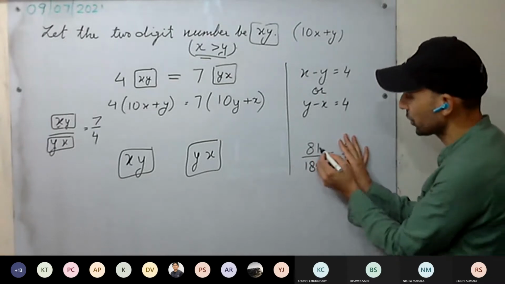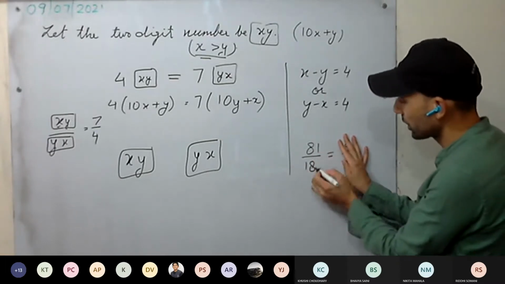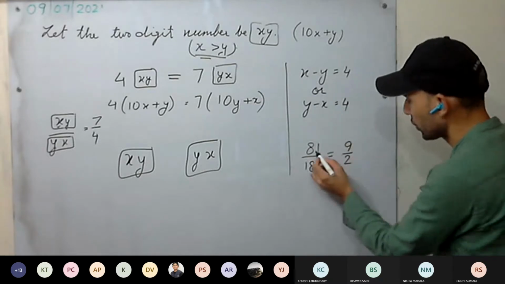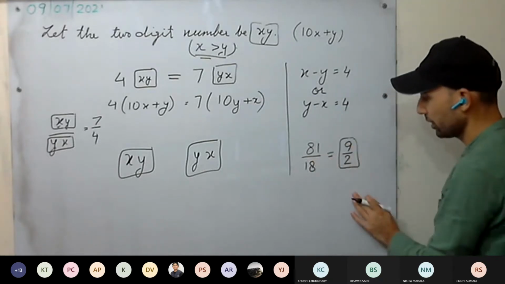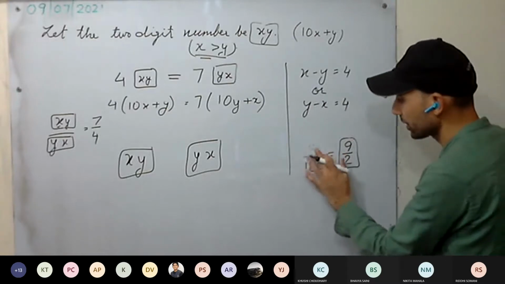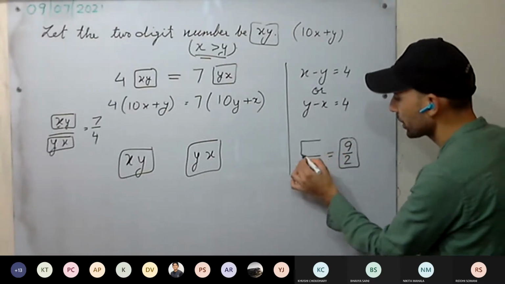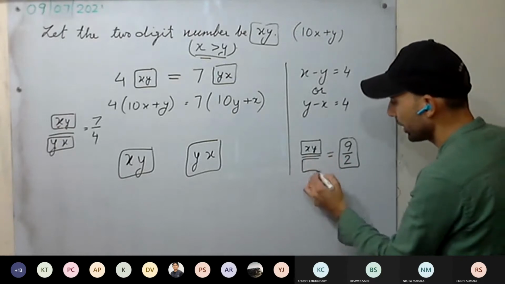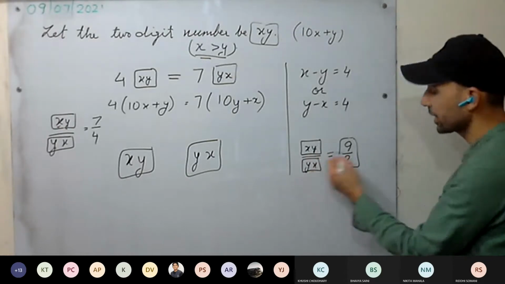If we take their ratio, the common factor is how much? 9. 9 into 9, 9 into 2. So their ratio is this one. Now instead of 81, I put xy, and here I put yx. Which is greater?